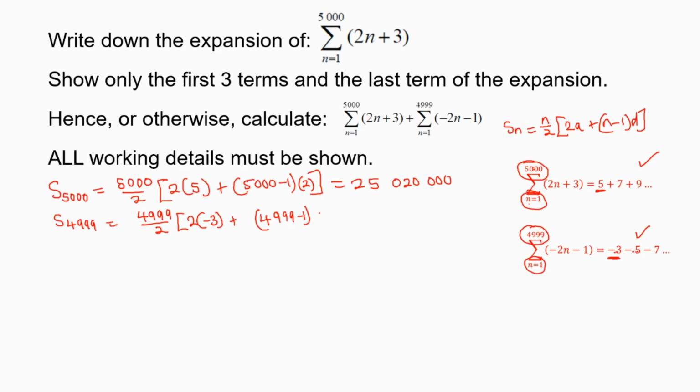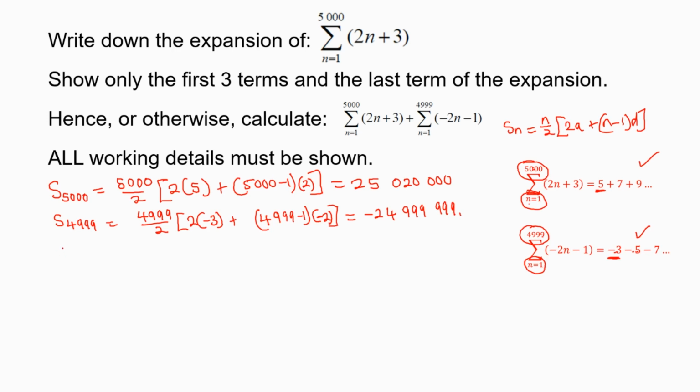So the difference is negative 2. Put it in the bracket like this. It's very, very important to use brackets here, especially if the difference is negative. Then put this in the calculator and you'll get negative 24,999,999.